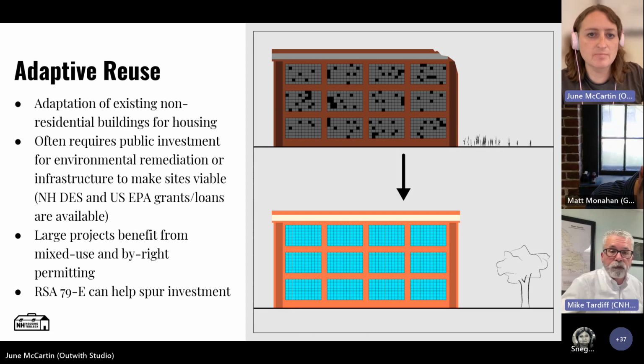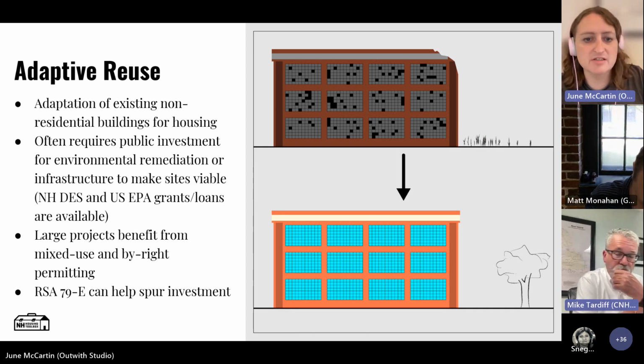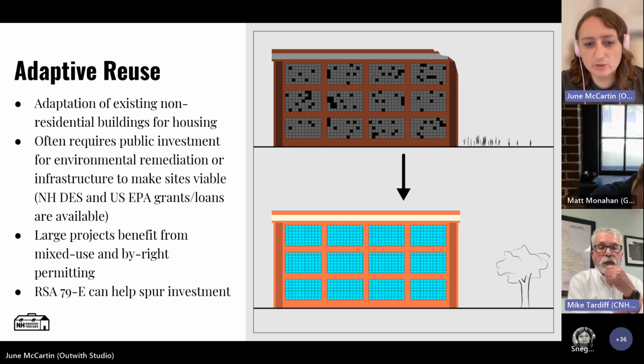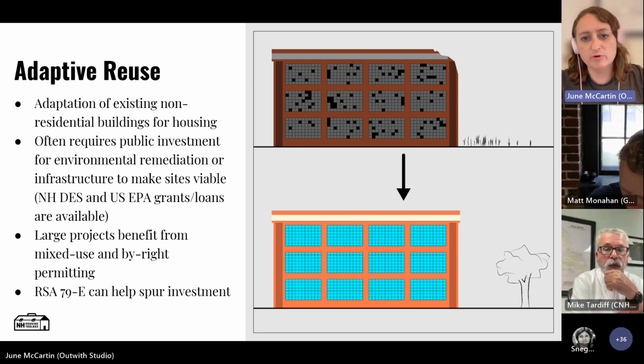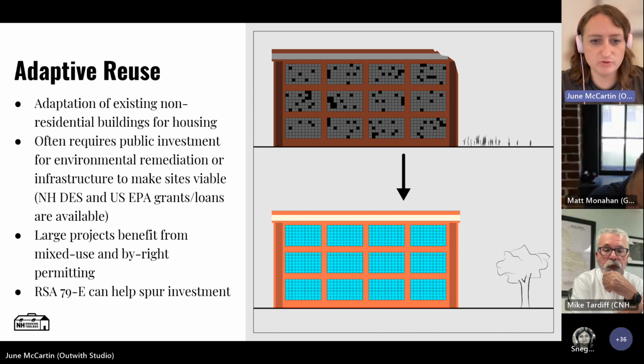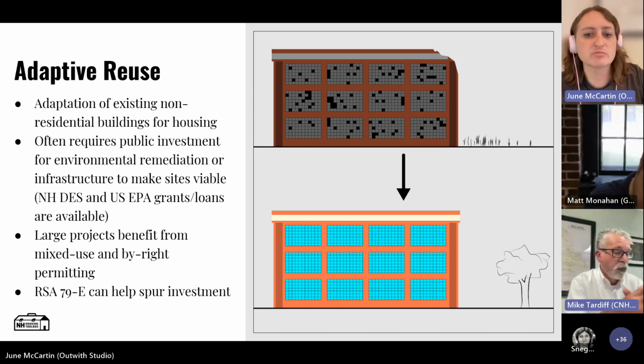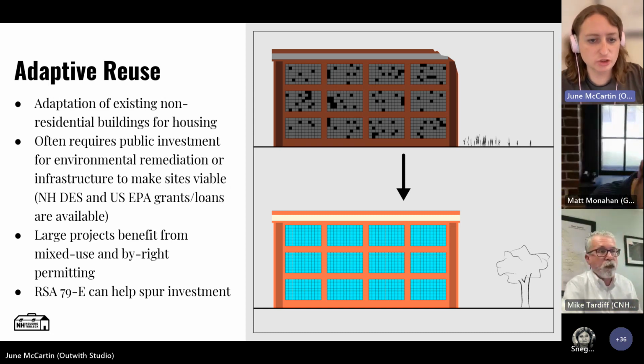Great. So up next is adaptive reuse. This is adaptation of existing non-residential buildings for housing. In a lot of communities, this might be a mill building, or another sort of older industrial or institutional structure. You see some older 19th century hospitals, or sometimes the rectory of a church.